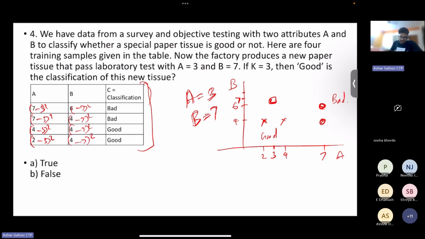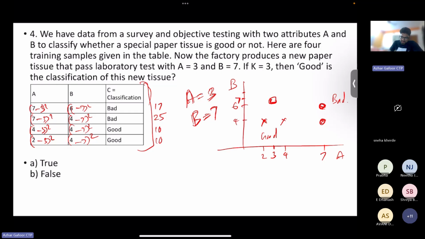Now we want to find these values. 4 square plus 1 is 16 plus 1, 17. Then 4 square plus 3 square is 16 plus 9, 25. Then 1 plus 3 square is 10. Again 1 plus 3 square, so again 10.